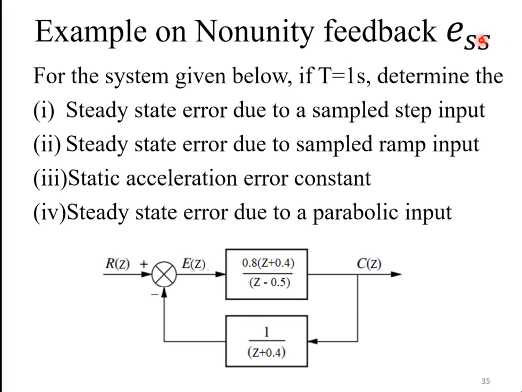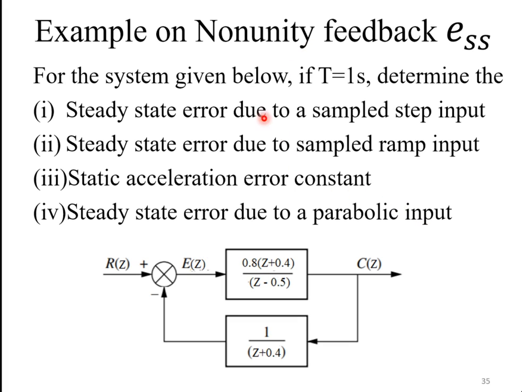So this is ESS. For the system given below, if t is equal to 1 second, the sampling period is already given to you, so you can directly put that value of t as 1 second. Determine the steady state error due to a sampled step input, the steady state error due to a sampled ramp input, also the static acceleration error constant, and the steady state error due to a parabolic input.